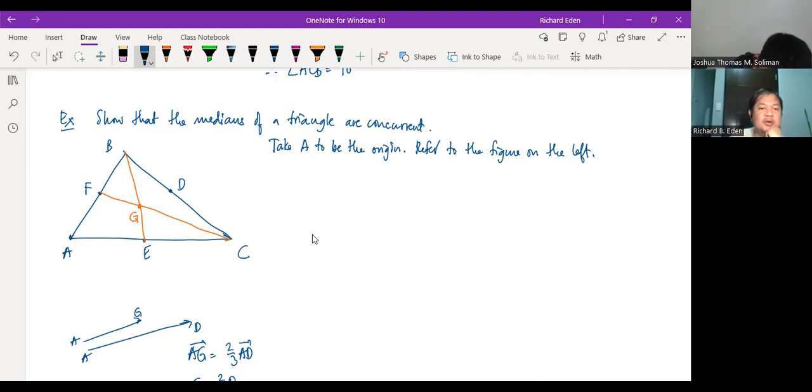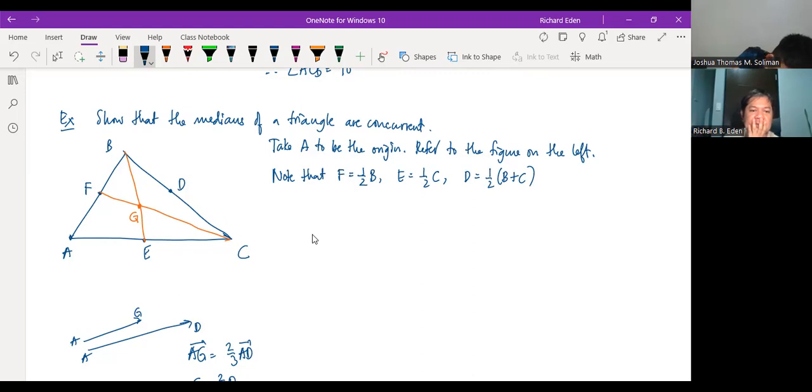So AF is half of AB, but the origin is A, so we know that F equals half of B, E is half of C, and D is the midpoint of B and C, so this is half of B plus C. Okay.